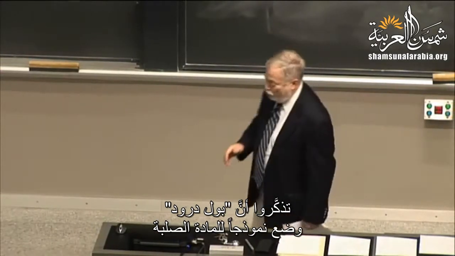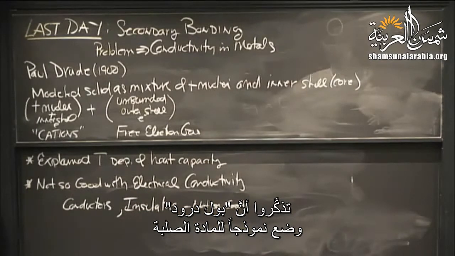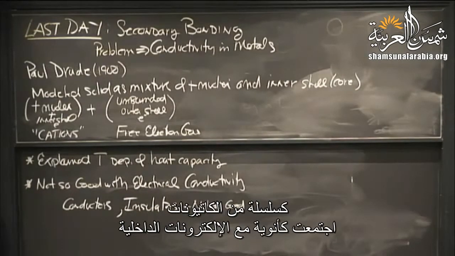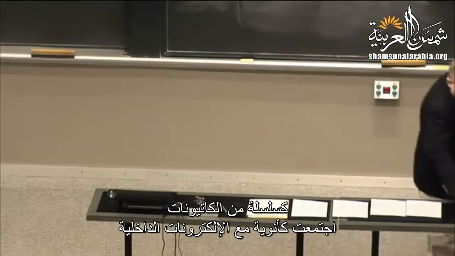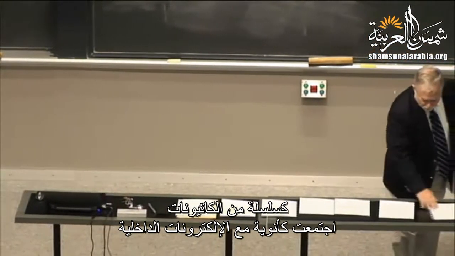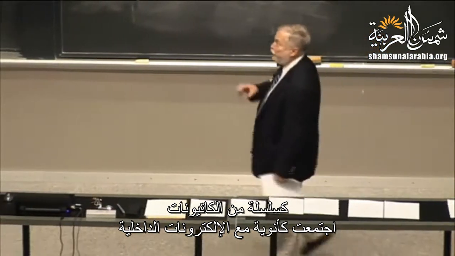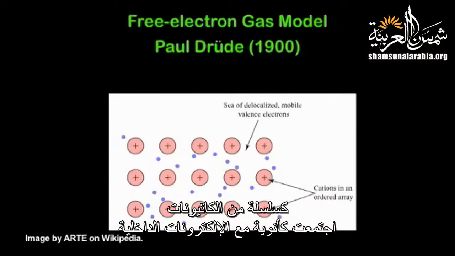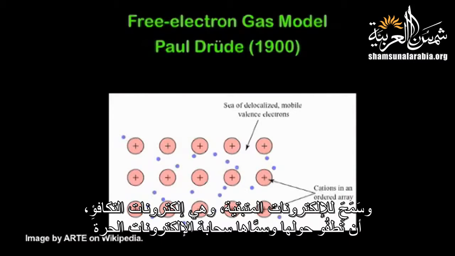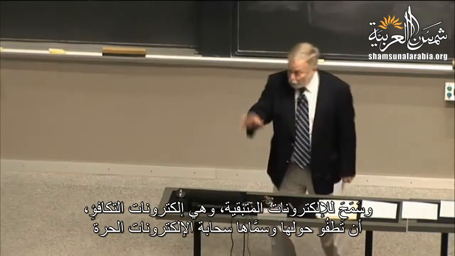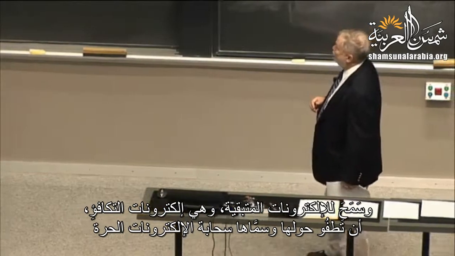But recall that Paul Drude modeled the solid as a series of cations, which amounted to a nucleus plus the inner core electrons, and then allowed the outer shell electrons, the valence electrons, to float around, and called it a free electron gas.